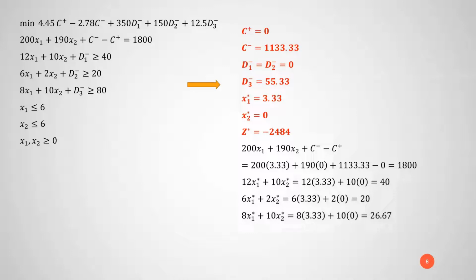How about the last one? Well, if I replace these, what I get is 2667. So here, the goal was not satisfied. And that's the reason I'm having the D3 minus equal to 55.33.